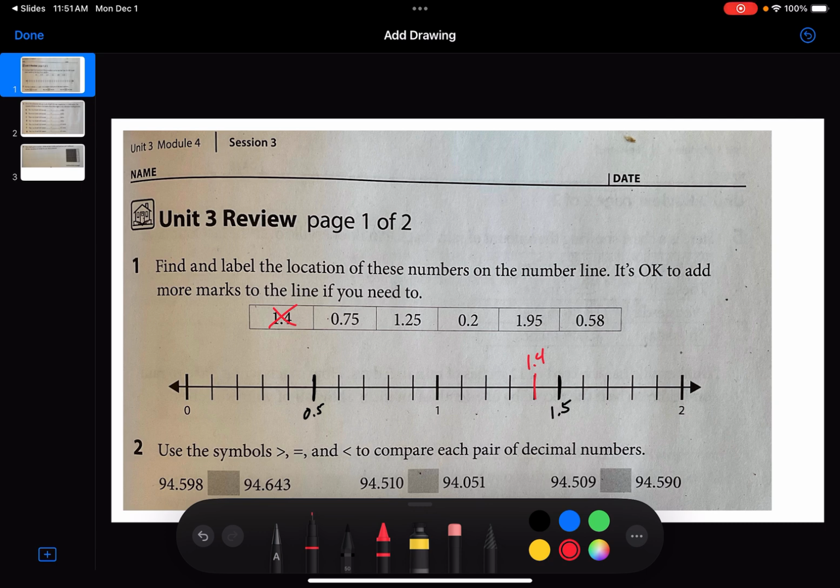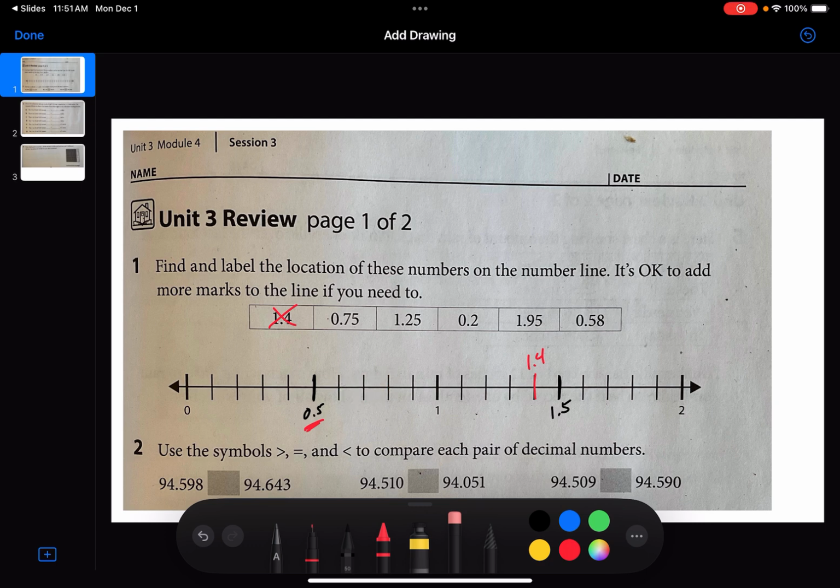Okay. When I go to add 75 hundredths to the number line, let's see. If this is 5/10, this one must be 6/10, and this must be 7/10, and this must be 8/10.